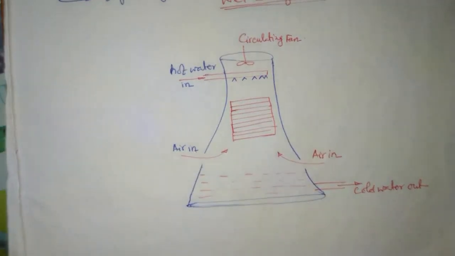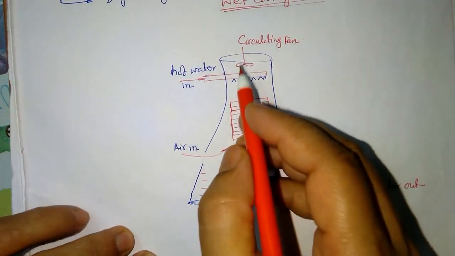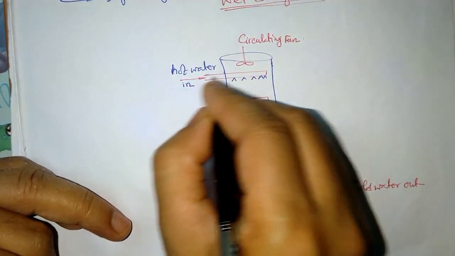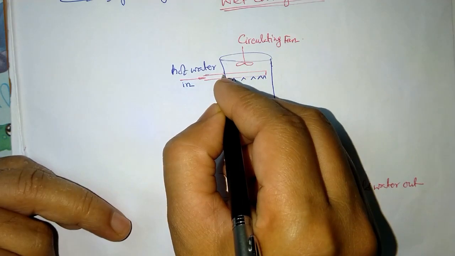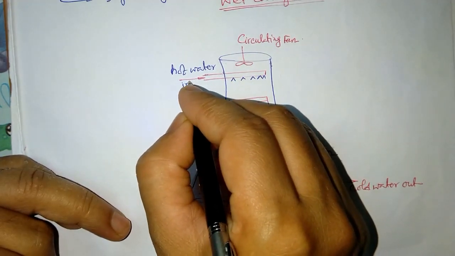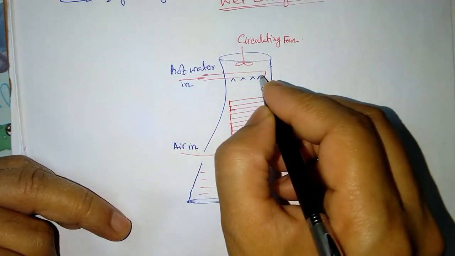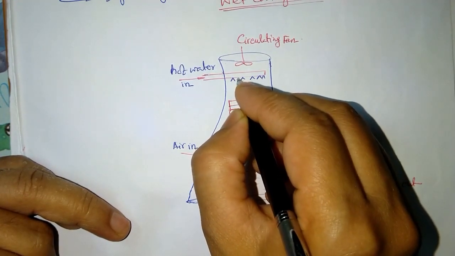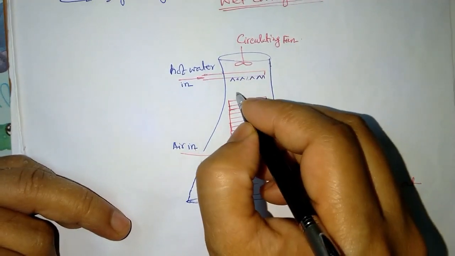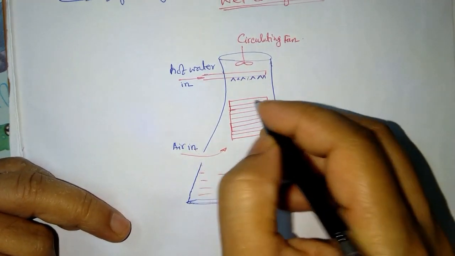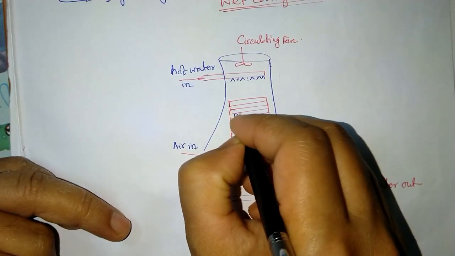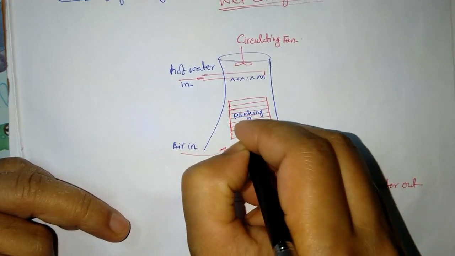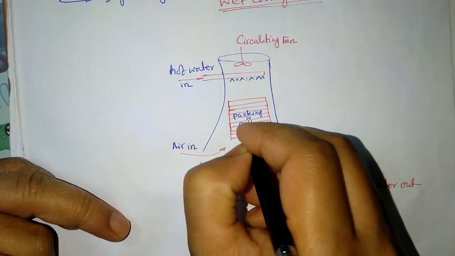Okay, so here if we look from the top, the hot water coming from the condenser is sprayed from the top, and this water falls onto the packing, also known as fill.